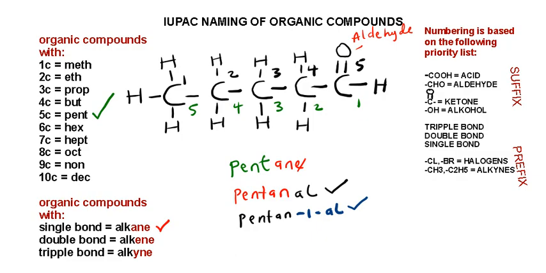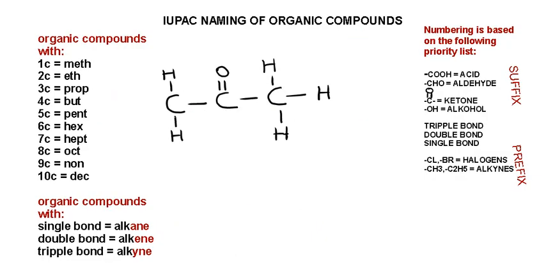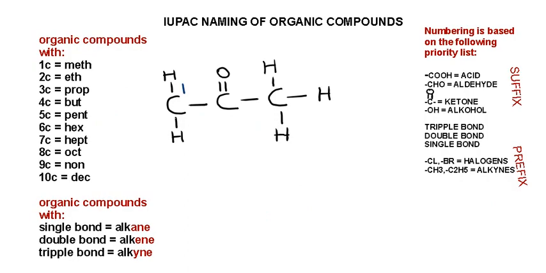Let's proceed. Let's go ahead and number it. We have 1, 2, 3 in the forward direction and 1, 2, 3 in the backward direction. Since we have 3 carbons, it is called prop.